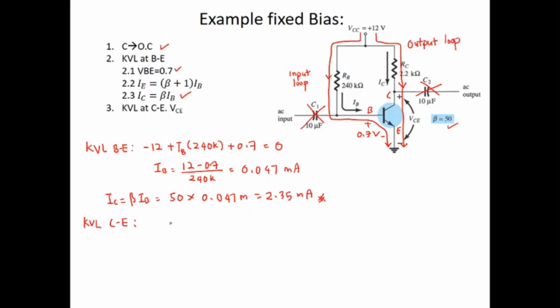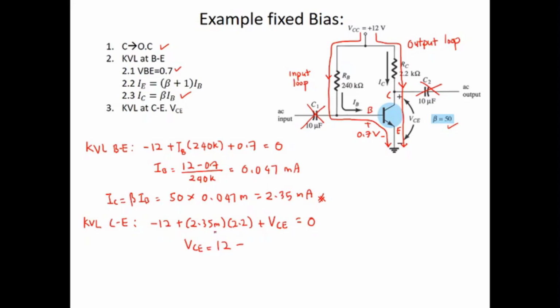The KVL equation is minus 12, plus the voltage at RC, which is IC. So IC we have 2.35 milli times RC is 2.2. And then VCE is unknown, so plus VCE is equal to 0.